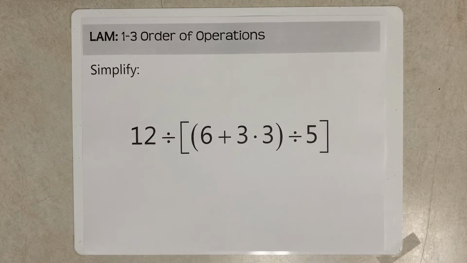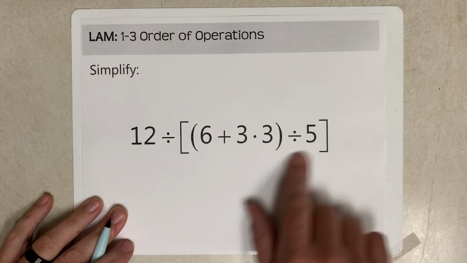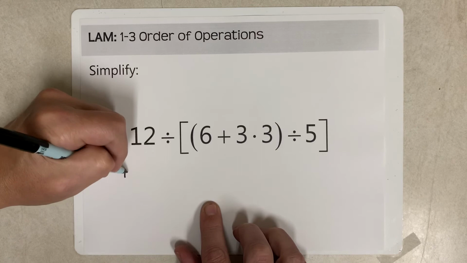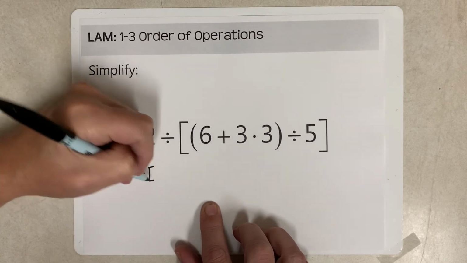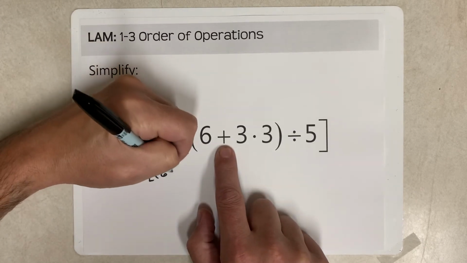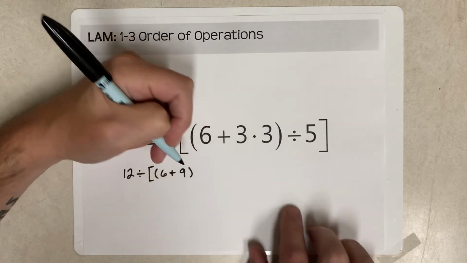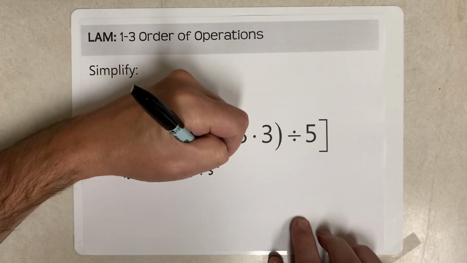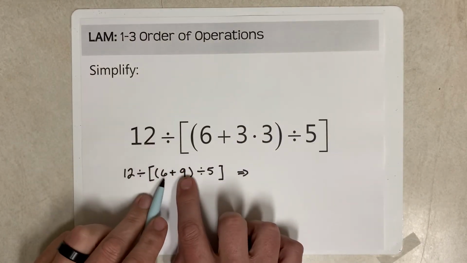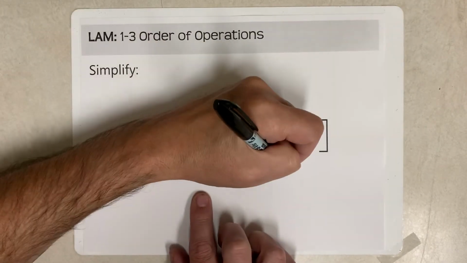Okay, so this one right here. All right, here we have some brackets, so we need to work in here, and we have parentheses in the brackets, so we actually have to work in this guy first. So 12 divided by bracket, okay, parenthesis, 6 plus, and we have to do 3 times 3 first for 9. Parenthesis, divided by 5, bracket. Okay, next step, still working in here. 9 and 6 is 15. So 12 divided by bracket.